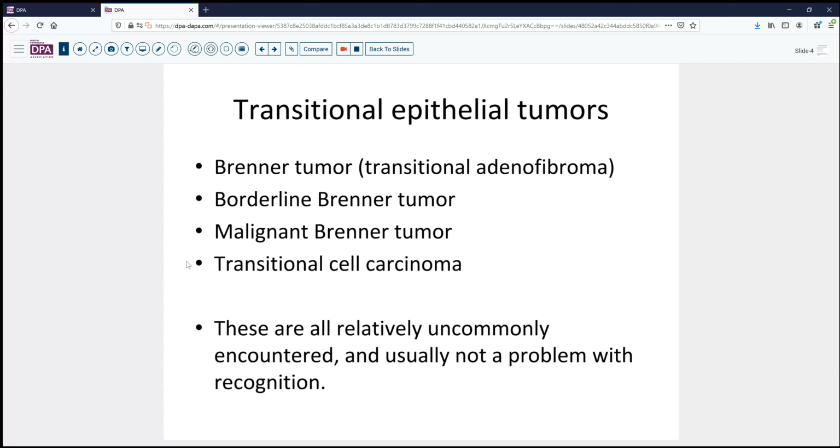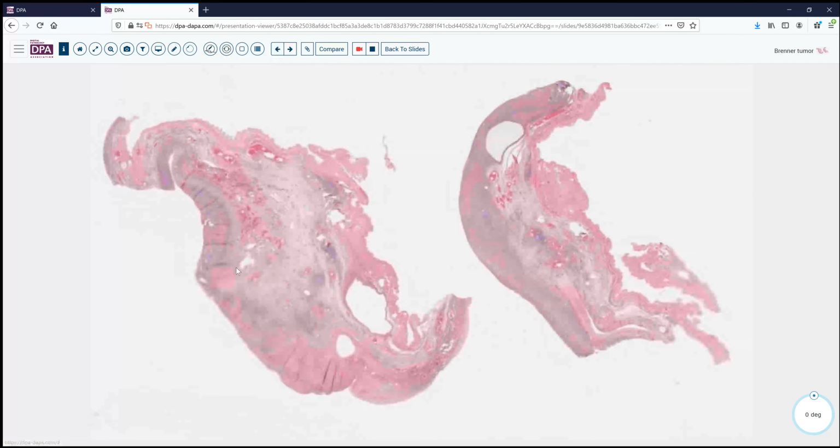So these are not commonly encountered, and that's part of the reason I don't have very many in my digital collection. In fact, I only have the benign variants of these lesions.